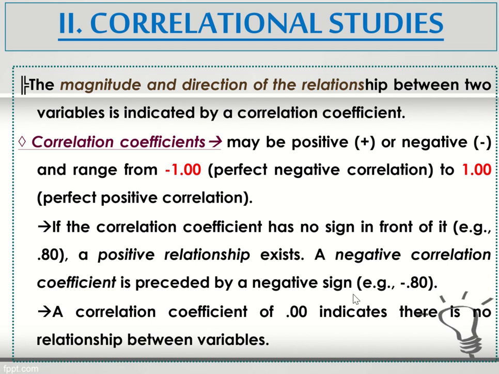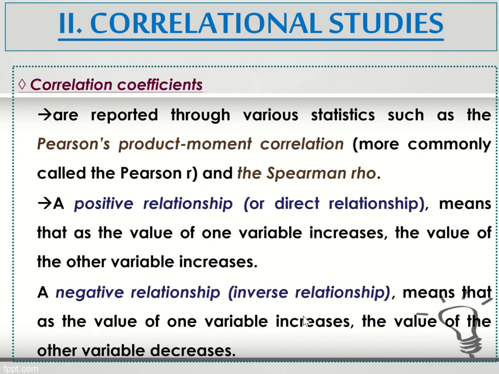A negative correlation coefficient is preceded by a negative sign. Example, -0.80. So that means negative correlation siya. So a correlation coefficient of 0.0, or zero point 0 na lang, indicates there is no relationship between variables.